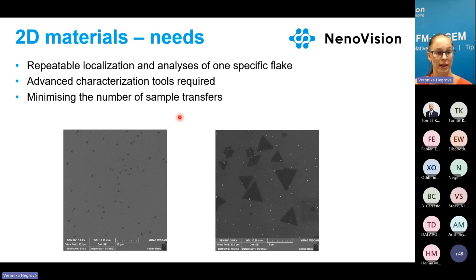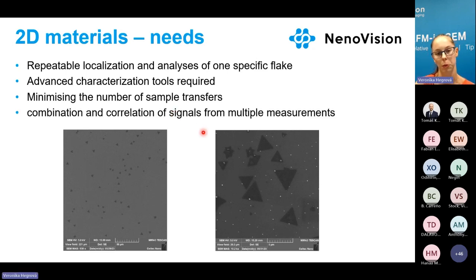An ideal case is to minimize the number of sample transfers, to find the same flake, but also to minimize the contamination.